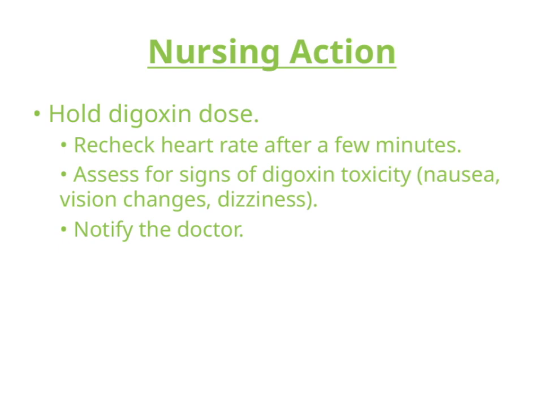They need to be informed promptly so they can decide on the best course of action, which might include adjusting the dose or providing specific treatments. Remember, monitoring heart rate and watching for toxicity signs are key components of safe digoxin administration, and quick communication with the healthcare team is essential for patient safety.